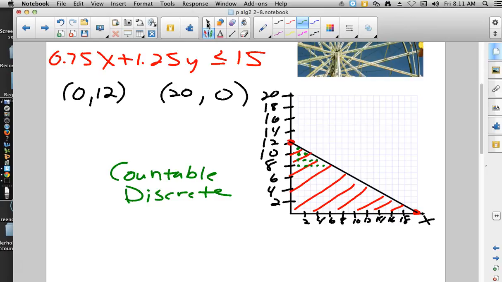So this is a countable discrete graph. Even the book says, you know what, we're not going to have everybody put all those dots on there. Just be able, if somebody says, how many rides could you go on, to say, well, I could go on 6 of the small and 4 of the large. Be able to pick out some points, some answers that you could give.